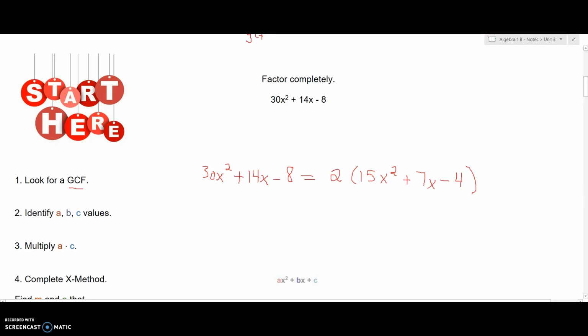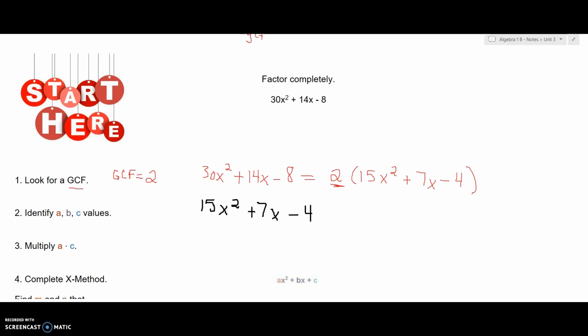Once we factor out the GCF, we're going to mark that aside and say my GCF is 2, because that is the number outside my parentheses, and we are going to focus on the trinomial 15x squared plus 7x minus 4. So let's go ahead and identify our a, b, and c values.